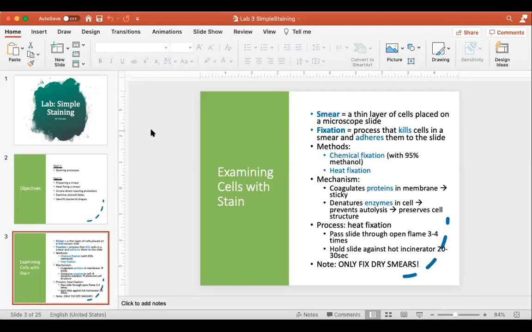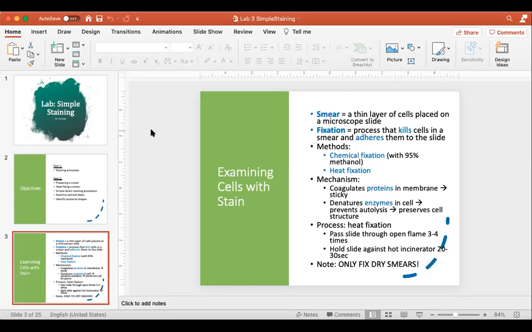Now, you need to understand what's happening when we fix a cell, because we are changing a cell just a little bit when we heat fix it or chemically fix it. What both of those things are doing is coagulating some of the protein that's present in the membrane around cells.